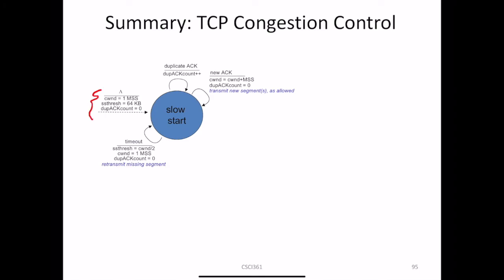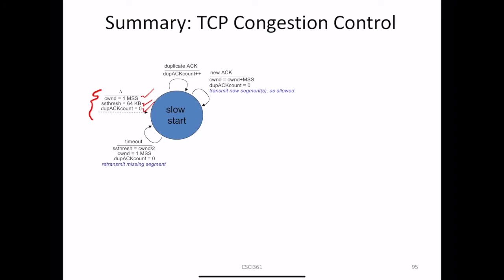They will set the congestion window to 1 MSS, and for this case they set the SS thresh to 64 KB, and also the duplicate ACK count, to count how many duplicate ACKs are received by this sender. Initially we just set it to 0.